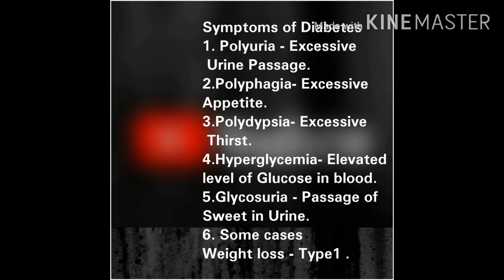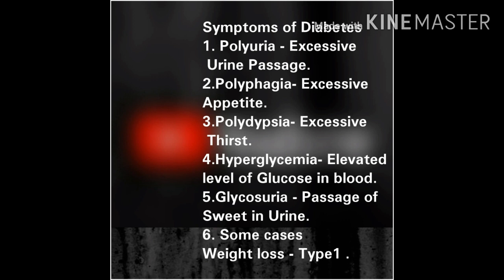The first symptom in diabetes is polyuria, that is excessive urine passage. Second is polyphagia, excessive appetite. Third is polydipsia, that is excessive thirst. Fourth is hyperglycemia, that is elevated level of glucose in the blood. Fifth is glycosuria, that is passage of sweet, or glucose, in the urine.